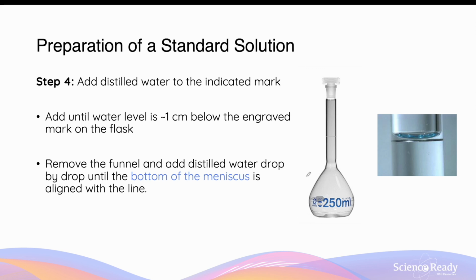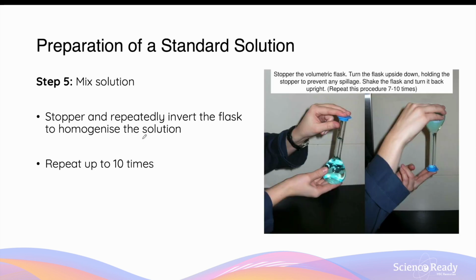In cases where you over add the water beyond the graduation mark, you will need to remake the whole solution, as pouring out a small amount of excess water from the solution will risk losing some of the standard, such as sodium carbonate. Once the distilled water is added to the right level, you can then stopper the volumetric flask and homogenize the solution by inverting the flask up to 10 times.